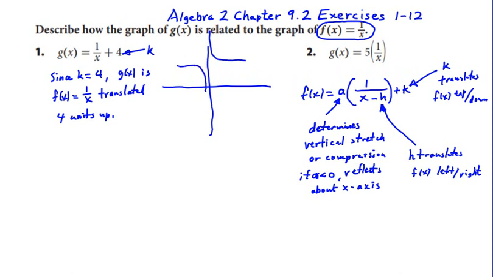And so the horizontal asymptote to this function becomes y equals 4.